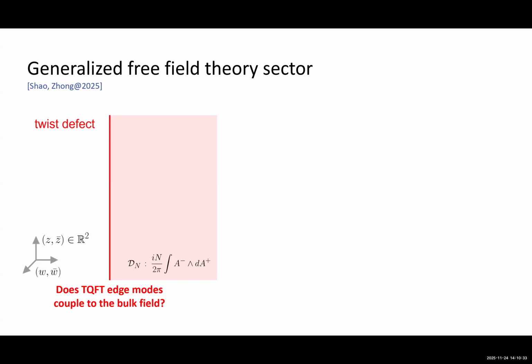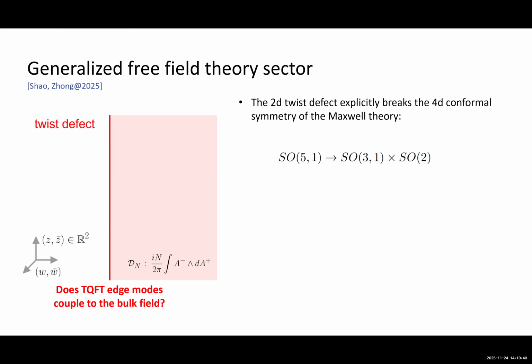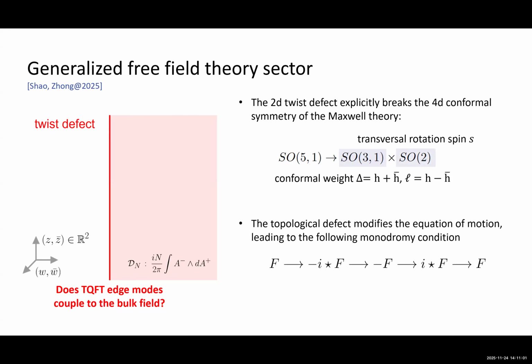So the presence of the codimension 2 defect for sure breaks the Lorentz symmetry as well as the conformal symmetry of the 3+1D spacetime. And it leads to a residual conformal group whose weights are characterized by h and h bar, as you are doing in 2D CFT, with a transversal rotation group characterized by the quantum number spin s. I apologize for running out of notations.